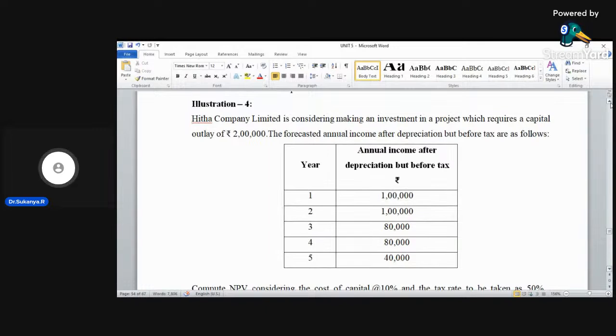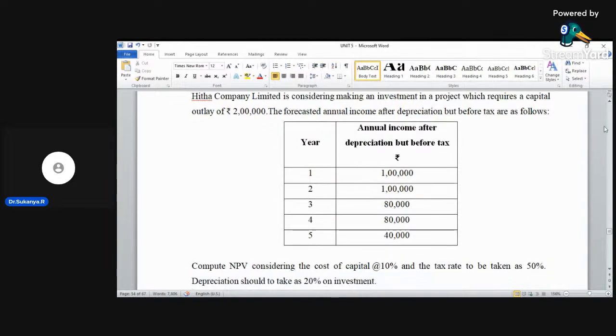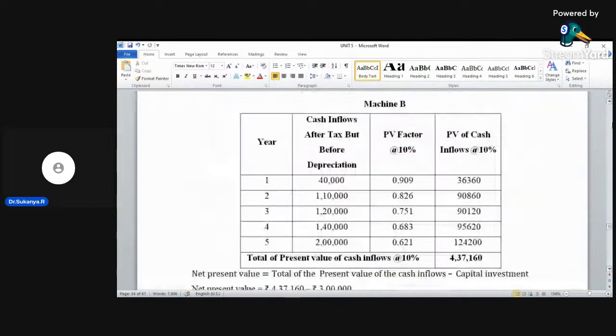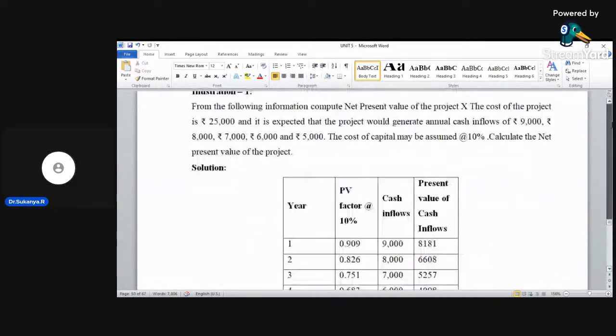Where did it go? One second. Yes, it was illustration one.